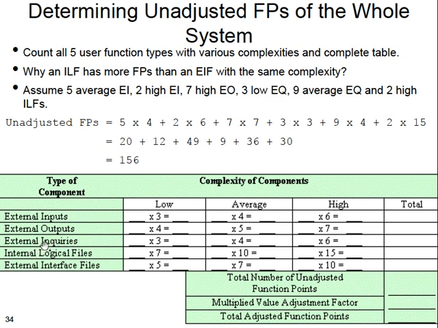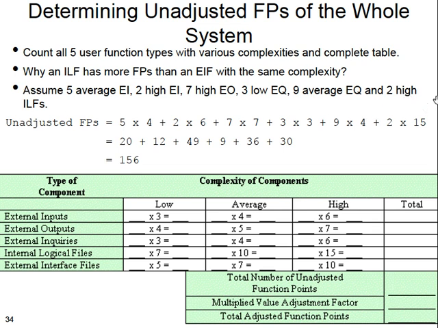I like to use EQ, because if we say EI, people may confuse it with external inputs. And 9 average ones. So 3 low, 9 average, and 2 high ILF.